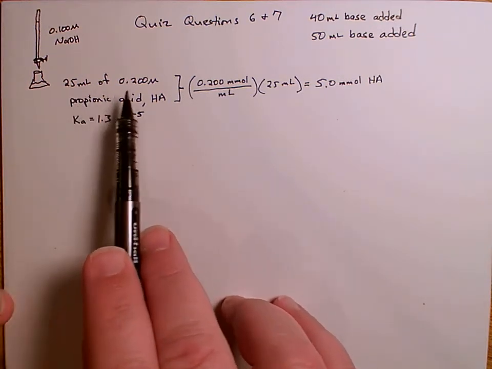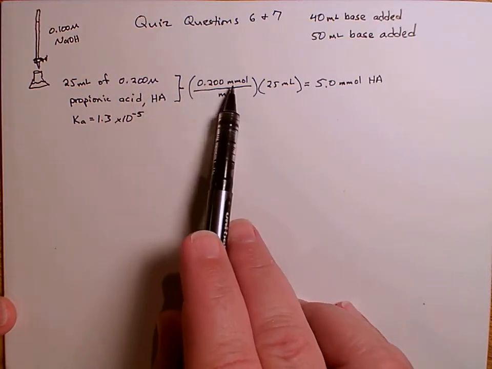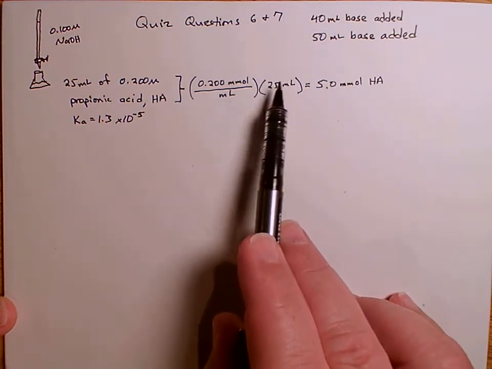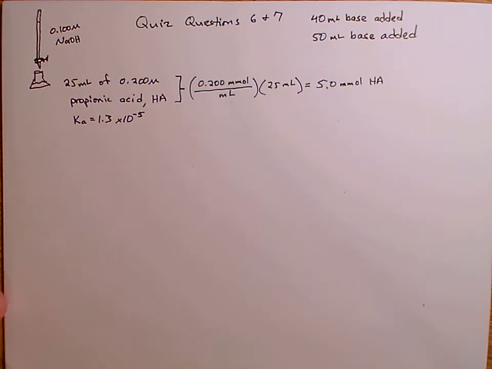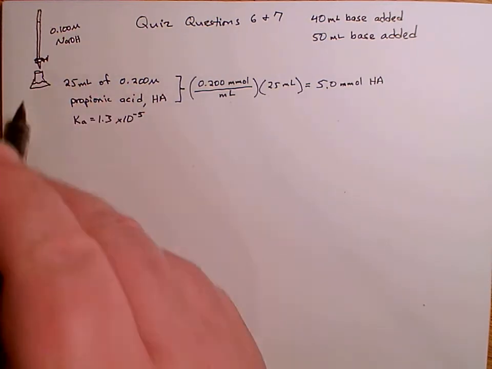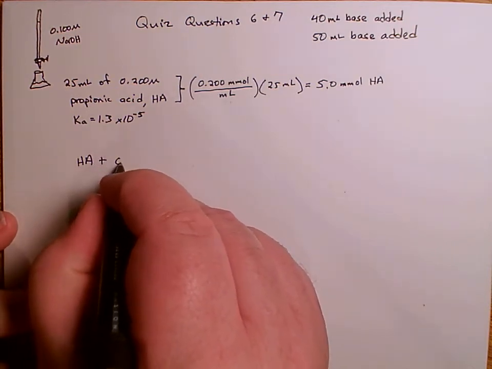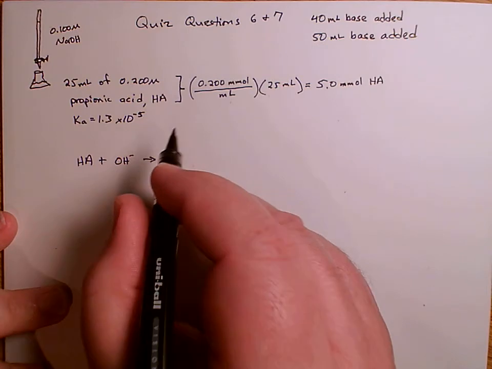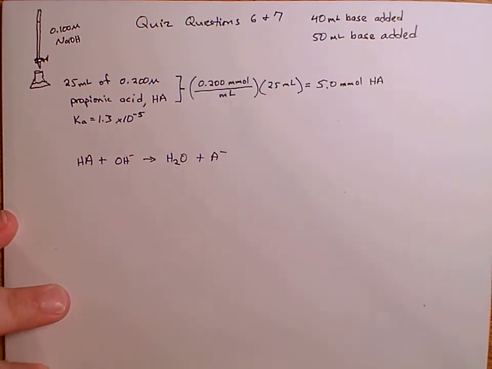Okay, and I started with information we need to know. If I have 25 milliliters of 0.2 molar acid, I know 0.2 millimoles per milliliter, that's molarity, times 25 milliliters, milliliters cancel, and we've got 5.0 millimoles of HA. Now, the reaction that's going to occur when you add the sodium hydroxide is HA, the acid, plus the hydroxide, is going to react to form water plus the conjugate base A minus.